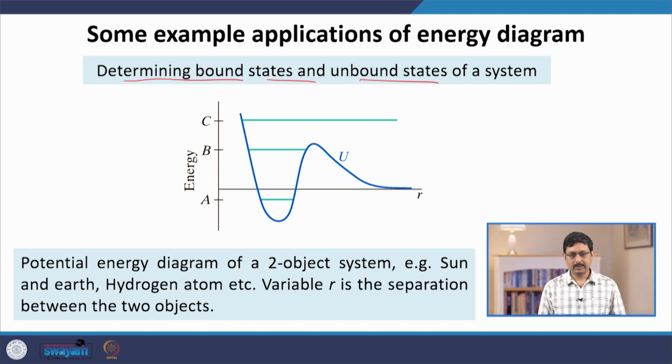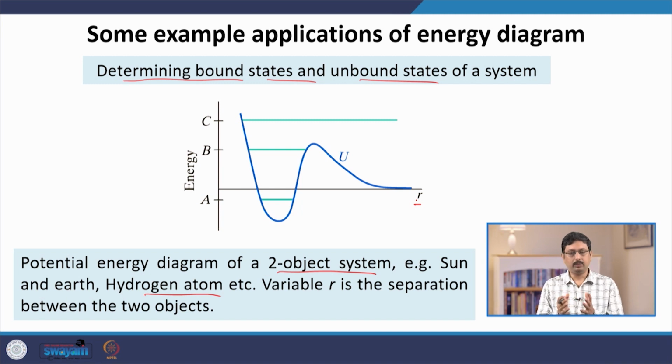A famous example is the two body system, for example, the motion of earth around the sun or the motion of an electron around the nucleus in a hydrogen atom. Let us say that r, which represents the distance between two objects, uniquely specifies the configuration of our system, which consists of two point particles.